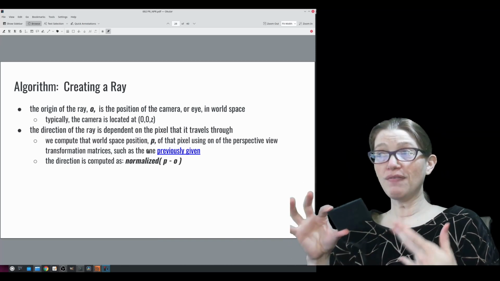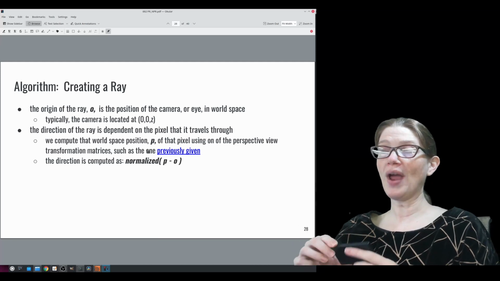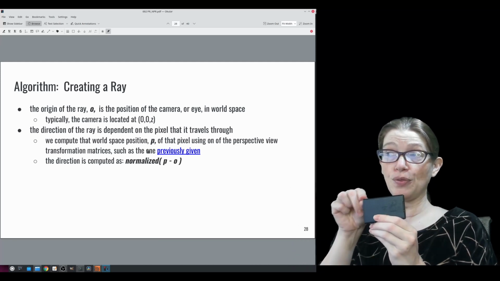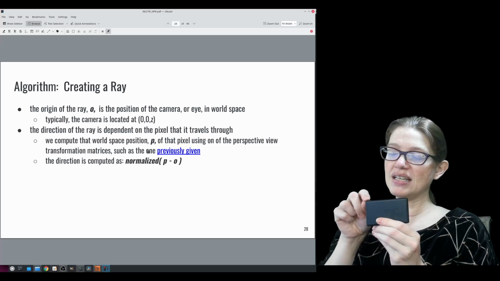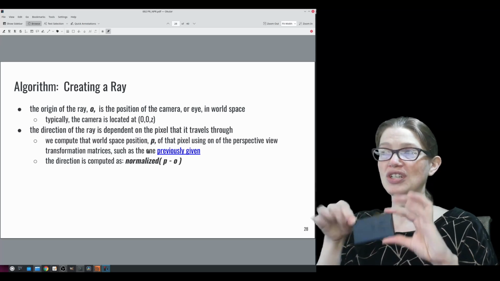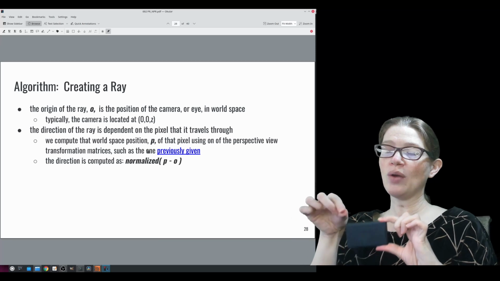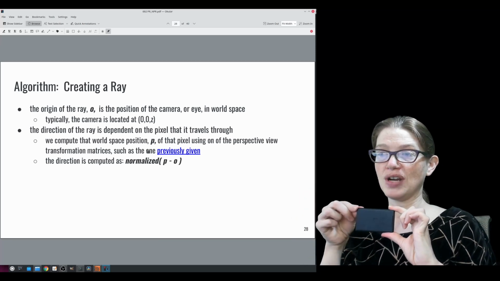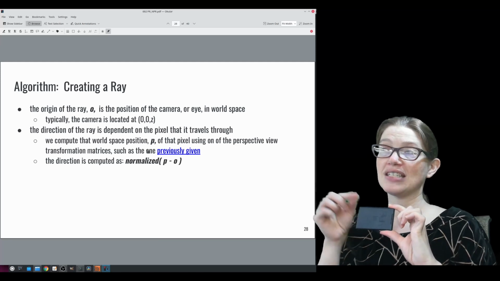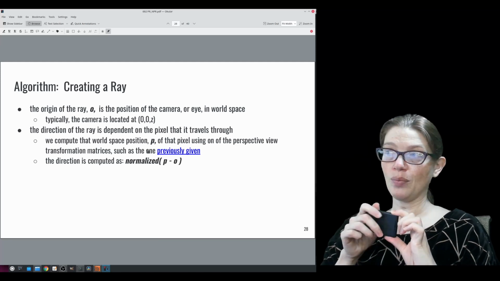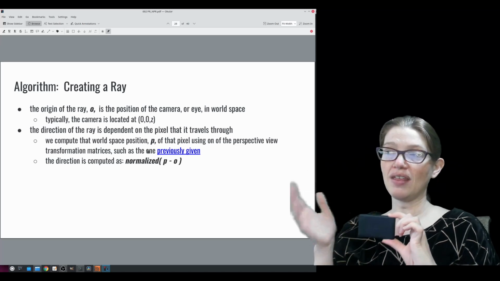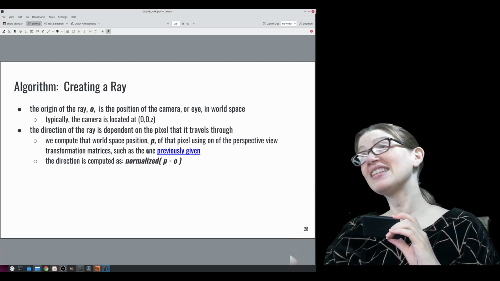So the way that we figure out the direction for our ray is we take our pixel position that we're sending the ray through, and we convert the pixel position, which is in image space, to a world space position using a perspective view transform matrix, such as the one that we gave on one of the previous slides. And you can use the simplified one, or you could use the more complicated one. That's up to the situation.